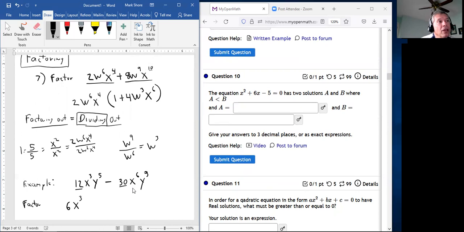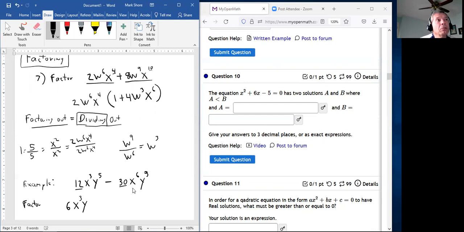And then it'll be y to the what? What's common? This is y to the 5th, y to the 3rd. So no subtracting yet. This is just looking at what's common.